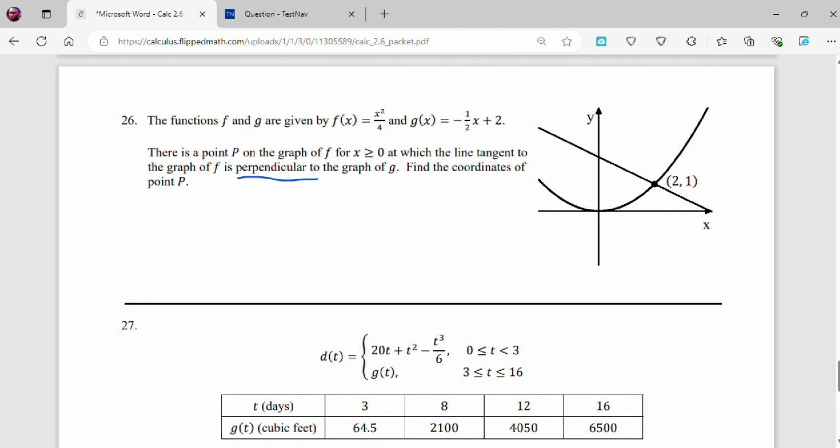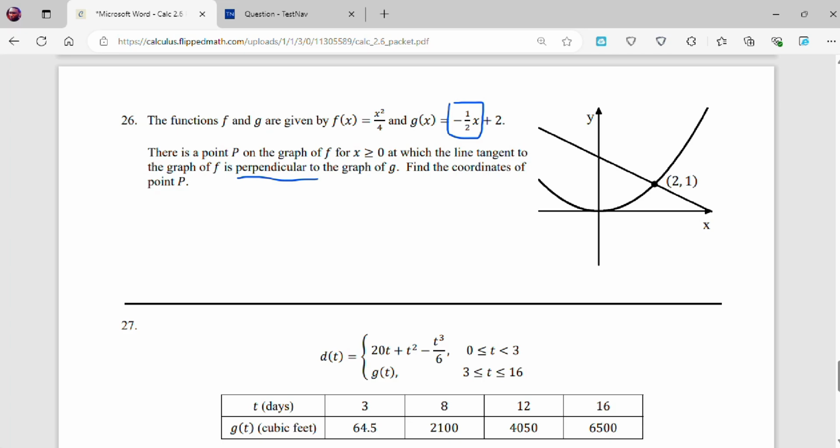All right. So the most important thing in this question is the fact that the graph of f at this point will be perpendicular to the graph of g. So what does that mean? Well, that means that we're going to have to find the slope here, the negative reciprocal, however.